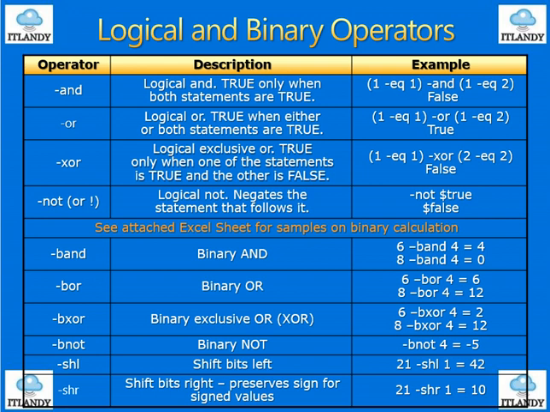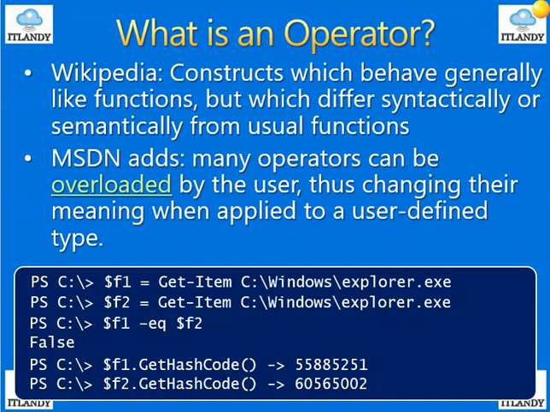What we have next is: what is an operator? According to Wikipedia, it's a construct which behaves generally like a function, but which differs syntactically or semantically from a usual function. MSDN adds that many operators can be overloaded by users, thus changing their meaning when applied to a user-defined type.